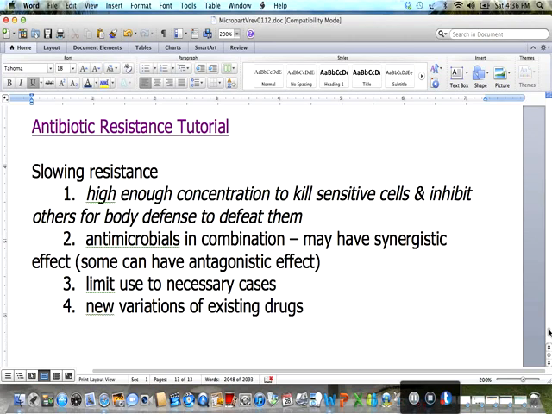We can slow resistance with some precautions. By using a high enough concentration of the drug to kill sensitive cells, it may inhibit others enough for the body's defenses to detect them.